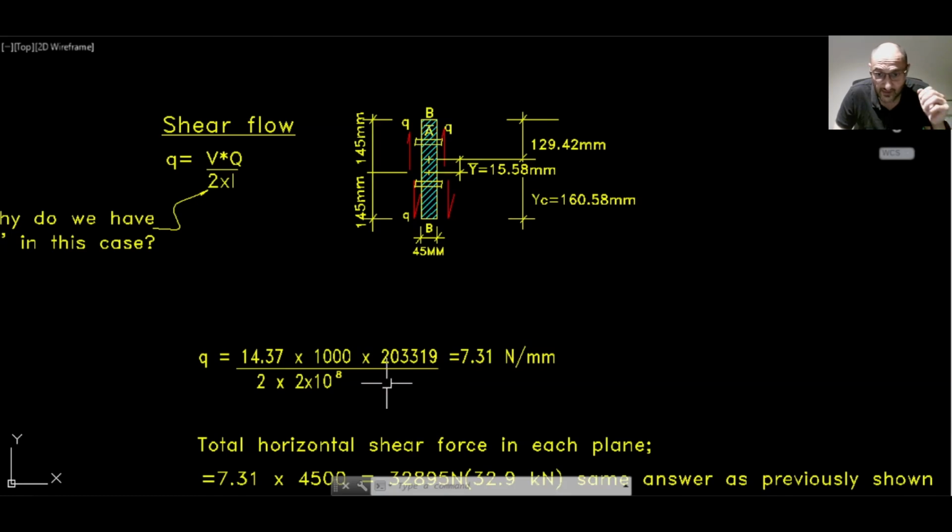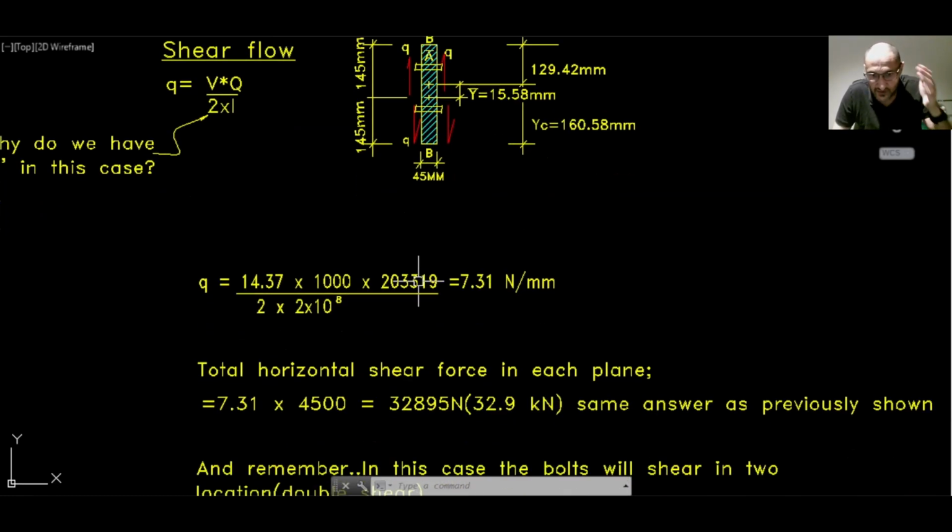Exactly the same as the previous results, but in this case, we will have a shear flow on either side of the element BB of 7.31 Newton per millimeter. The total horizontal shear force in each plane is 7.31 times the length, 4.5, and that will be 32.9 kilonewton.